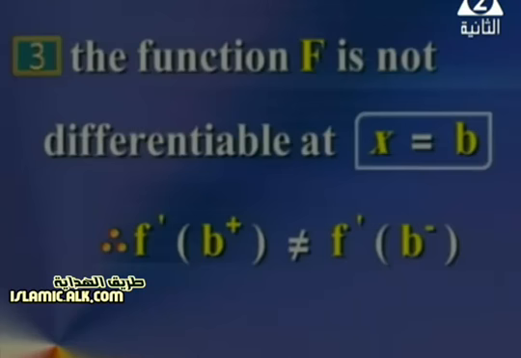If it is differentiable at x equals b, we deduce f dash b positive equals f dash b negative. But in this case, dear student, f is not differentiable at x equals b. Why? Because f dash b positive is not equal to f dash b negative.